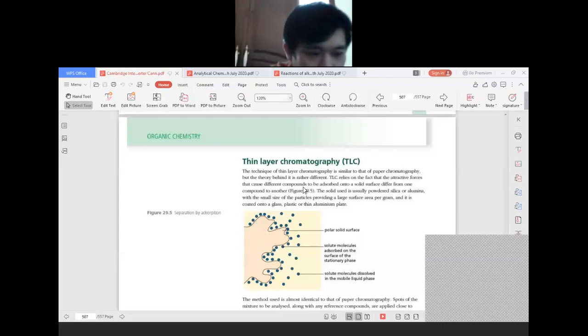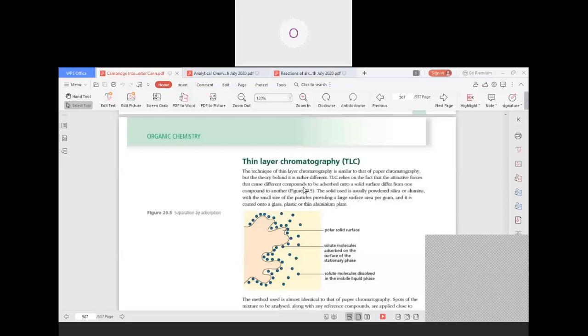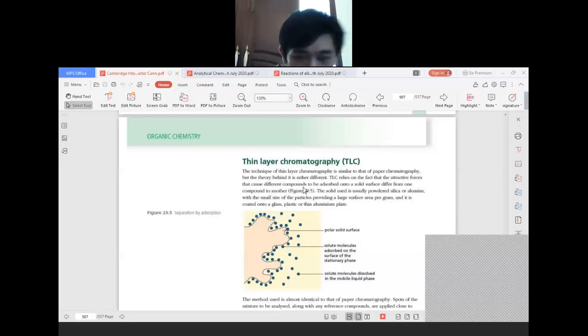Okay, I think today we are learning about paper chromatography. Tomorrow we will have class with the major. Then for minor, I will give homework. After this, you're going to have your lunch.